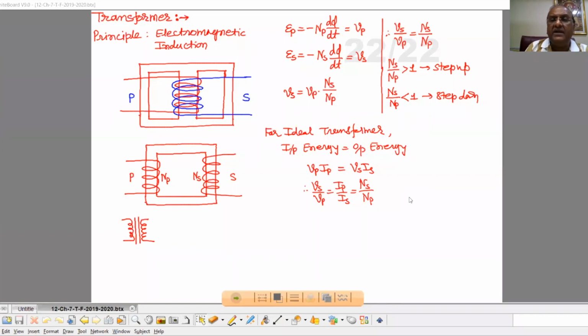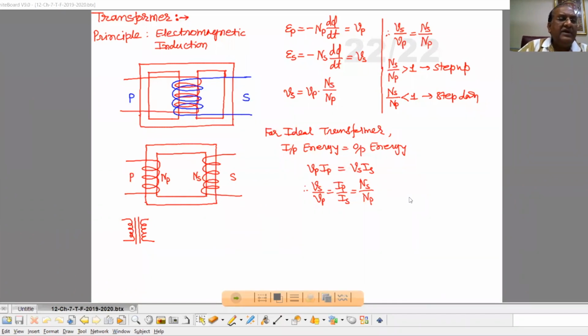Okay, and now the energy loss takes place in a transformer in different ways. In practice, the energy loss occurs due to different reasons. For one, there is flux leakage.